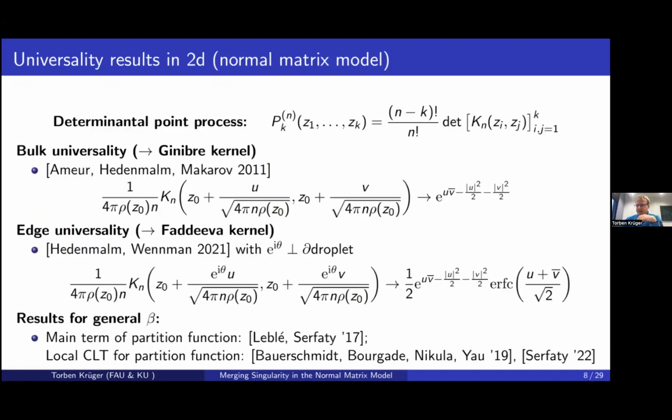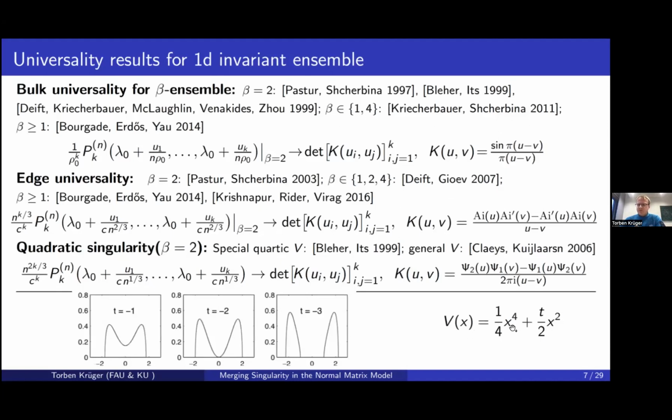For this special potential, there's a parameter t, and you can tune t; the density then looks like these three pictures, depending on the value of t. You can either have one connected component as the support, or two connected components. And if you have the critical case, then you have a vanishing density in the middle.